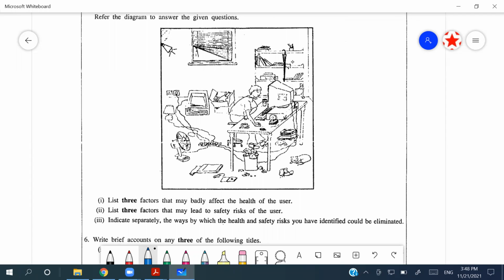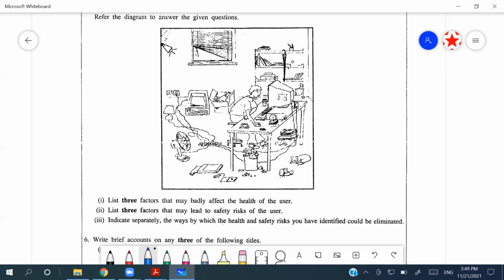As you can see here, he's sitting on a stool. He does not have a backrest, and he is handling the mouse in an improper way. The place is not very tidy. It's untidy. So he can have back pains, he can have neck pains.